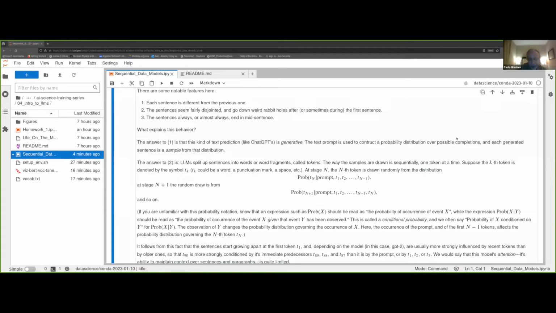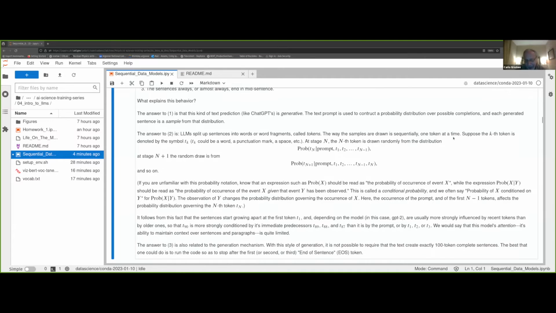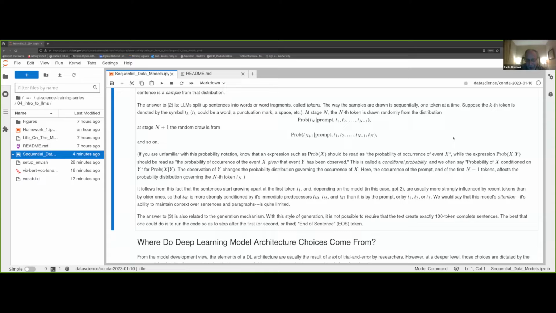So because the sampling is sequential in this way, what winds up happening is that at the nth stage, the value of the nth token is most strongly influenced or conditioned by the n minus 1, n minus 2, and so on. So the 90th one is most strongly conditioned by the 89th, the 88th, and the 87th, more so than it is by the prompt or by the first, second, or third token.